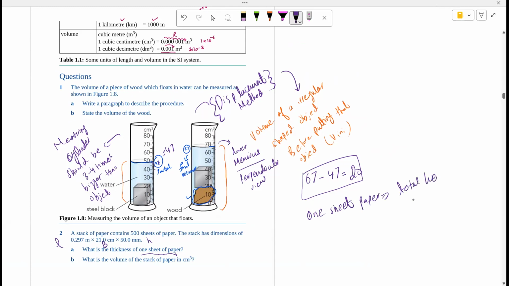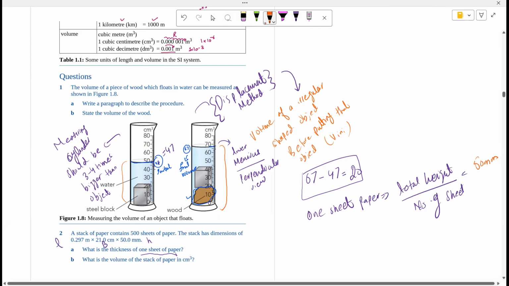Total height divided by number of sheets. Total height कितना बन रहा है? As per this data, 50 millimeter divided by 500. तो क्या आंसर आ जाएगा हमारे पास? 0.1 मिली.